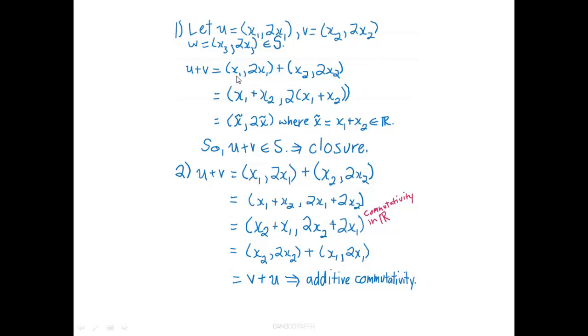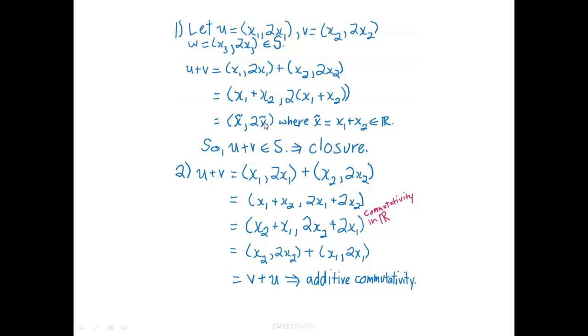So that will be x1 + x2 at the first component, 2x1 + 2x2 at the second component.